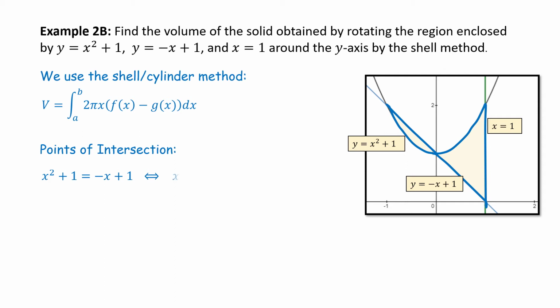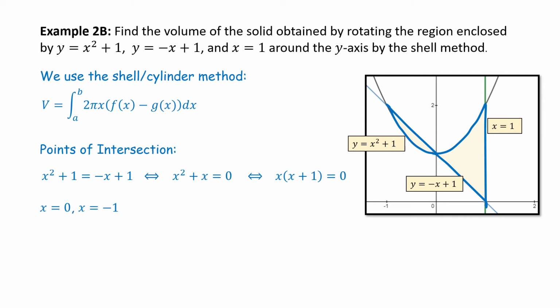That'll take us to x squared plus x equals 0. We can factor that. Factoring out an x, you'll get x times, in parentheses, x plus 1 equals 0. Set each of these factors equal to 0. When you solve them, you get x equals 0 and x equals negative 1.